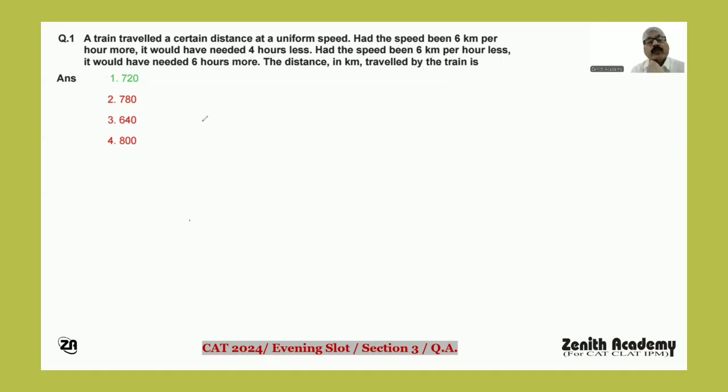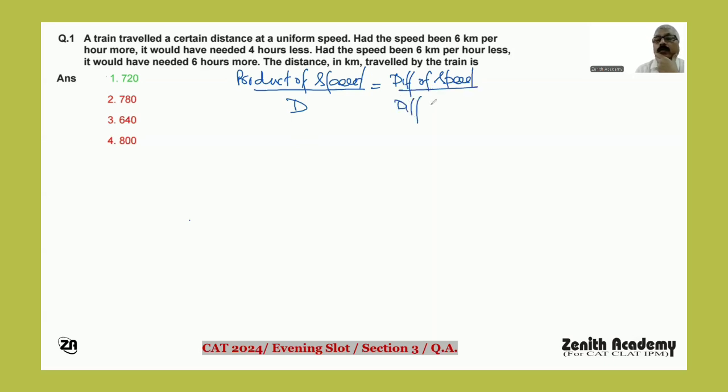Alternate approach of this question is, there is a formula: product of speeds upon difference of speeds is equal to distance upon difference of time.